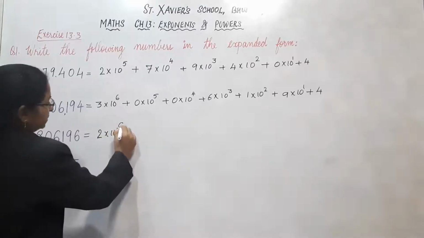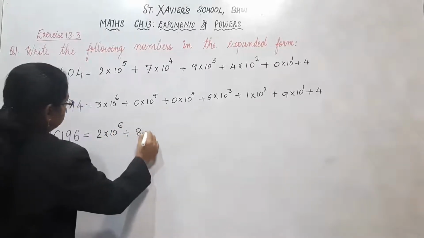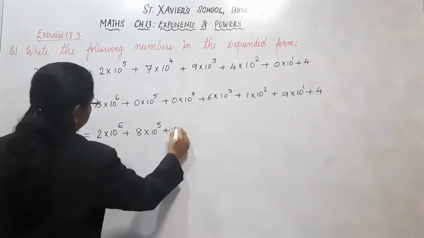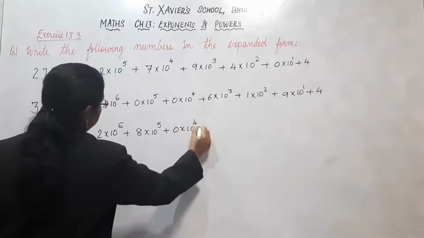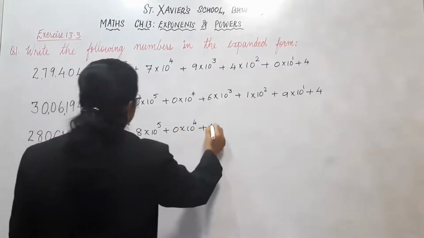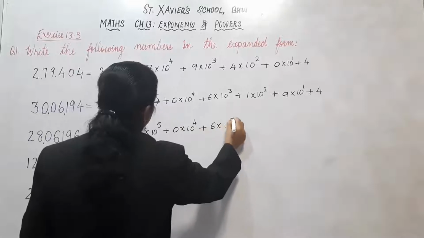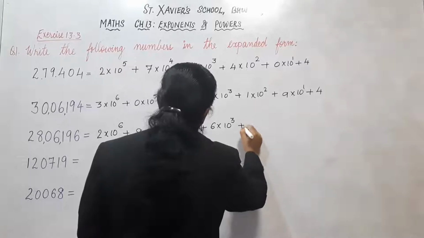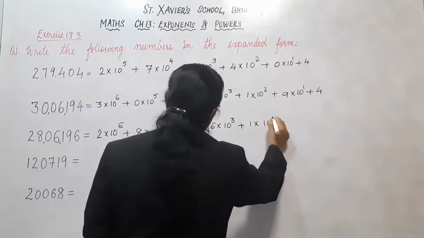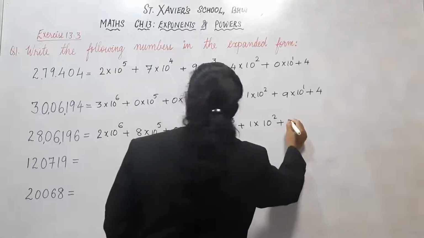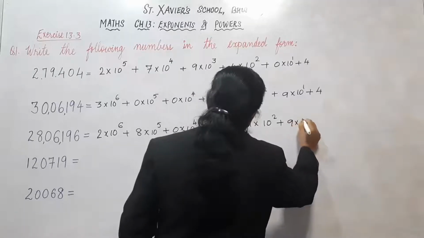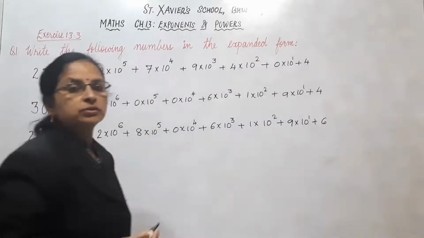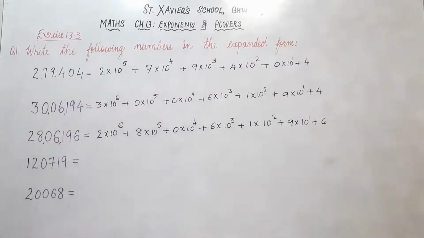So 10 raised to 6 plus 8 into 10 raised to 5 plus 0 into 10 raised to 4 plus 6 into 10 raised to 3 plus 1 into 10 raised to 2 plus 9 into 10 raised to 1 plus 6. 6 into 10 raised to 0 also you can write, otherwise directly 6.